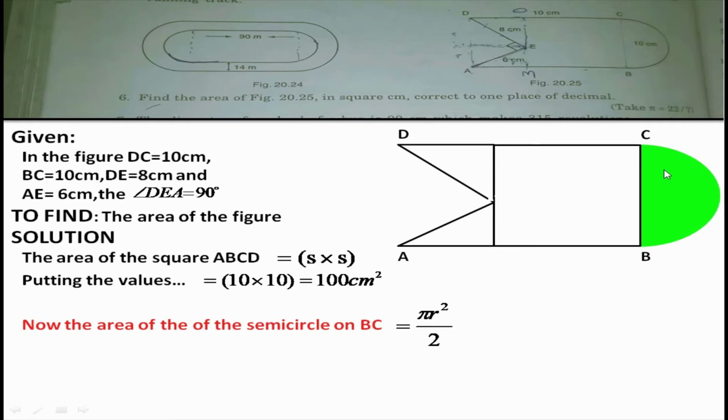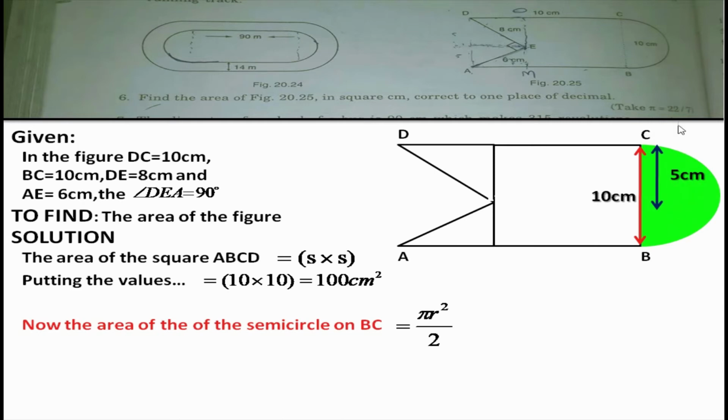We know that BC measures 10 centimeter, and this BC is also the diameter of this green semicircle. It's clearly visible. So we know that a diameter is double the radius. Hence, we will carry out the radius by dividing the diameter by 2. We will get 5 centimeter as the radius of this green semicircle.